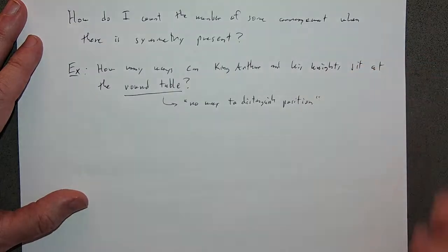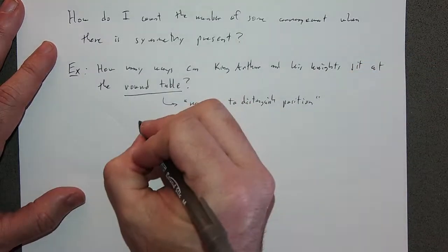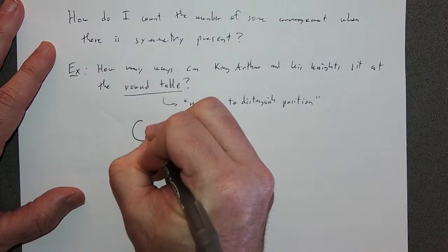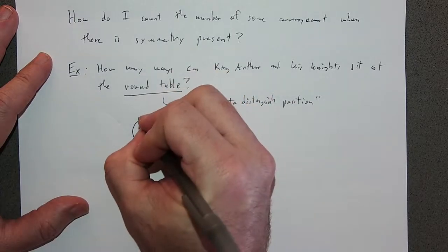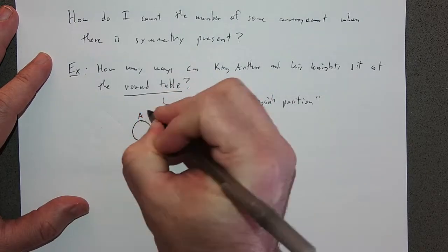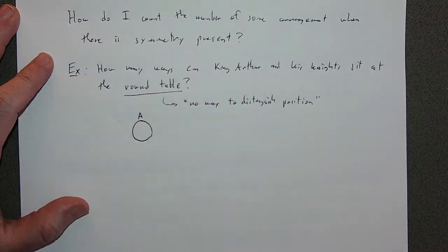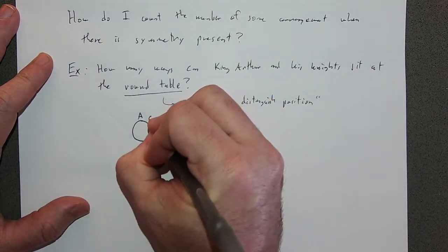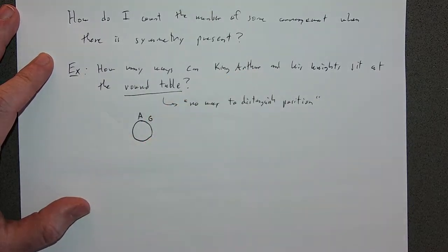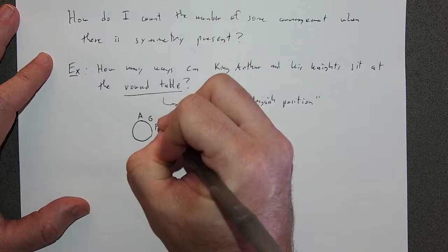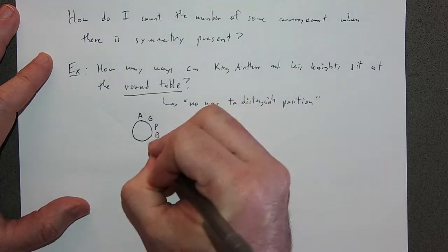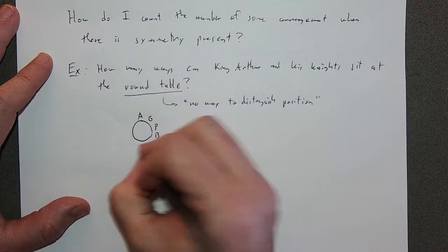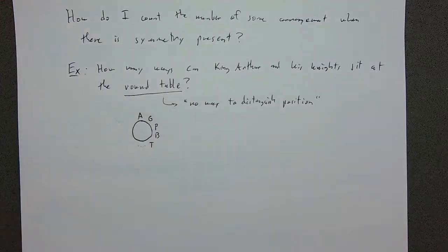What we mean by this, of course, is that if here is the round table, and we start and we say put Arthur here, and then maybe we put Gawain, Percival, Bedivere, Tristram, and so on in this fashion.